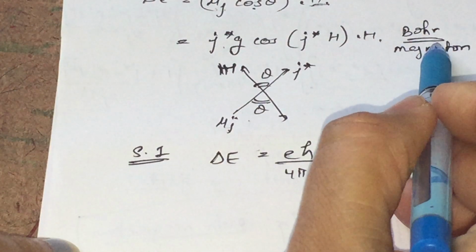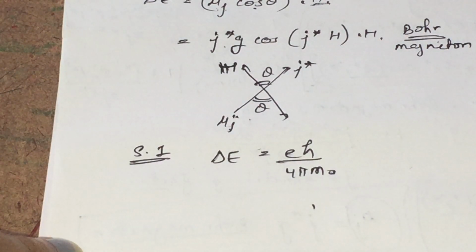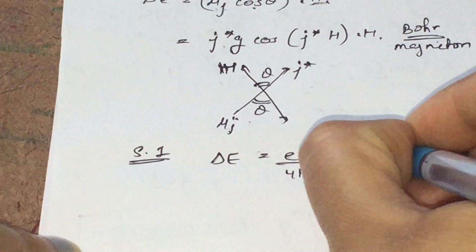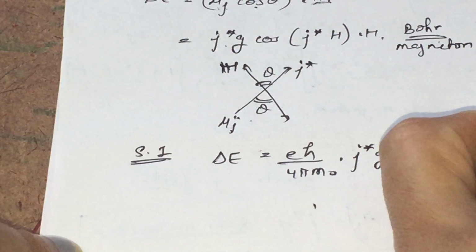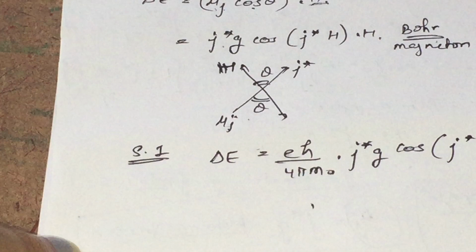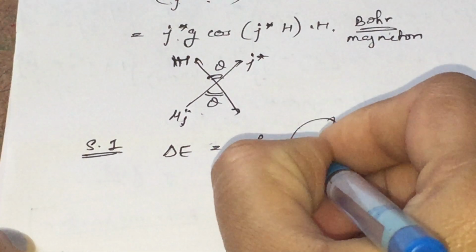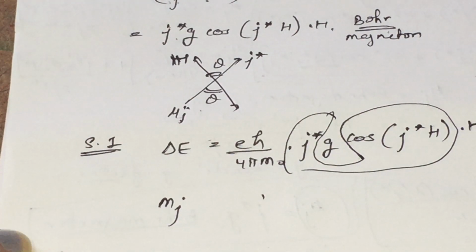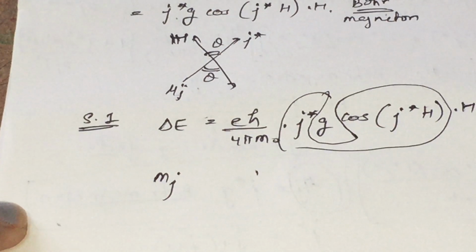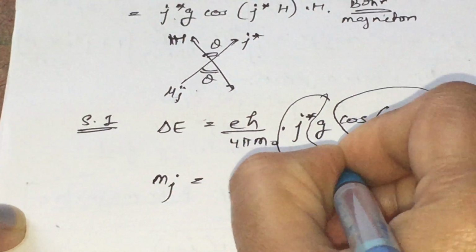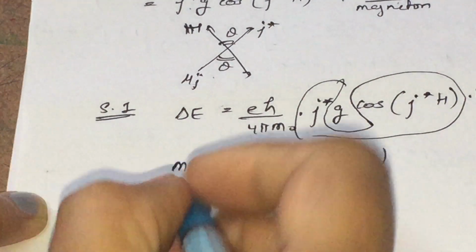You have to give the mathematical relation of Bohr magneton, and now we have J star g and cos of J star H times the applied magnetic field. You are very well aware of this term, you are familiar with this term. This is nothing other than mj.